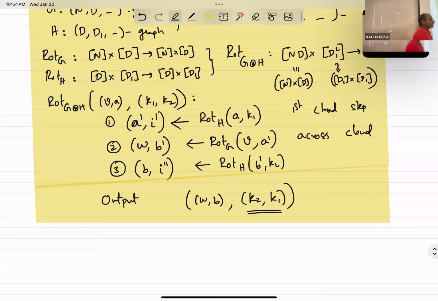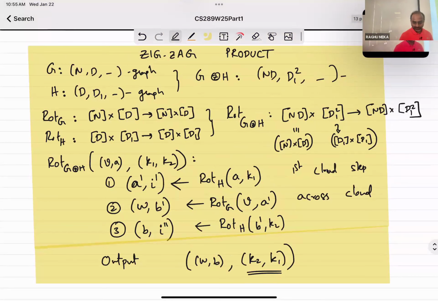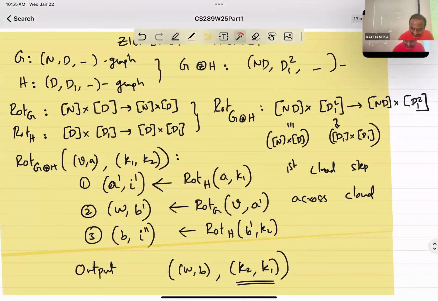You had a question? Purple edges, yes. Right, so this is saying rotation map H of A comma K1. Take the edge labeled K1 out of vertex A in the graph H. You end up at a vertex A prime.